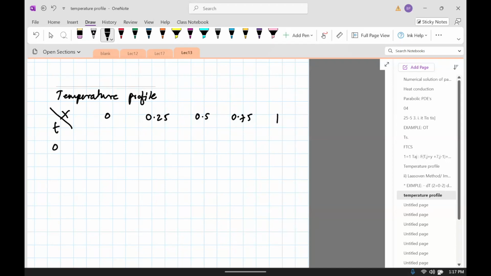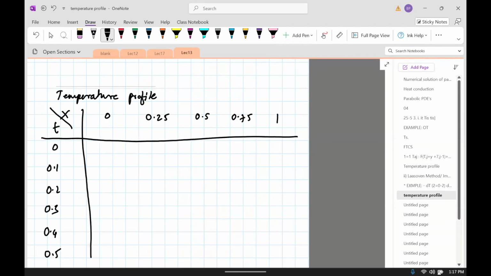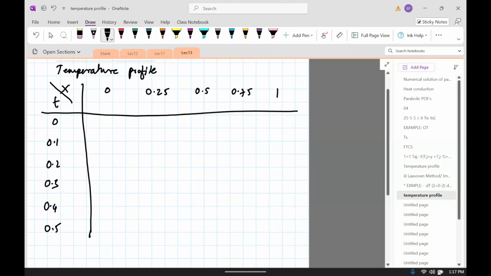And time I need to go 0, 0.1, 0.2, 0.3, 0.4, 0.5. Okay, so filling this up is what I'm after, right? If you think of this as a matrix, you have 1, 2, 3, 4, 5 and 6. So 6 by 5 is 30. So there are 30 points in this matrix, a 6 by 5 matrix.